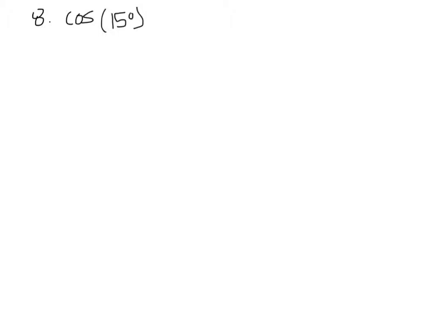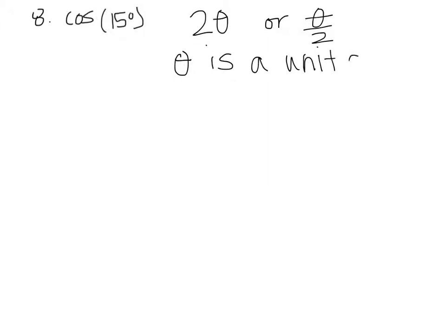Number 8 is a new type of problem for us. We are going to find the exact value of cosine of 15 degrees using either a double angle identity or a half angle identity. So the thing to remember, theta is always a unit circle angle. So theta is a unit circle angle. And so in this case, we need to think about how we can get 15 to equal a unit circle angle.